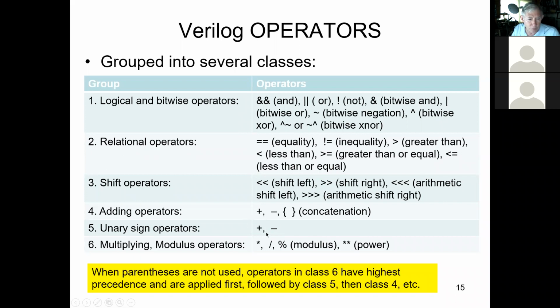So you have to use these with some caution and care because it may turn it into a 2's complement. And then multiplying and modulus and powers, you can only use these on integer types. You can't use them on registers or wires.